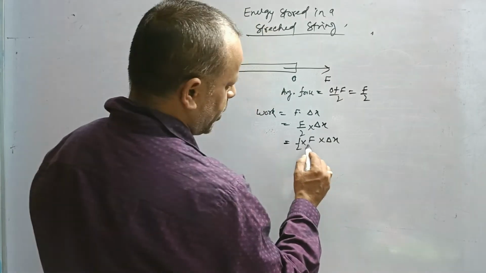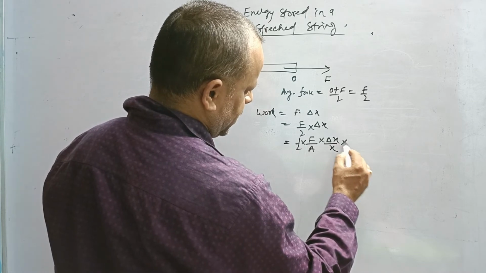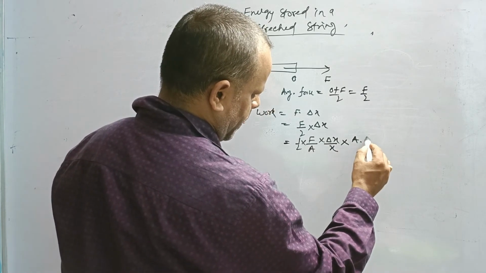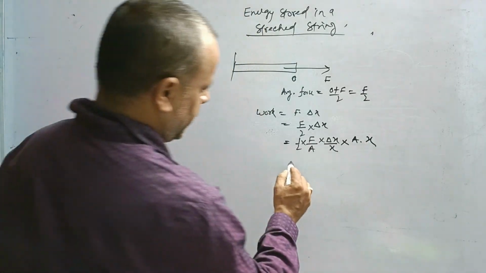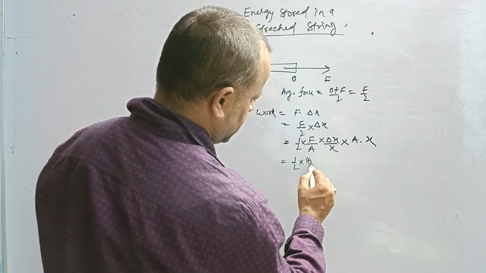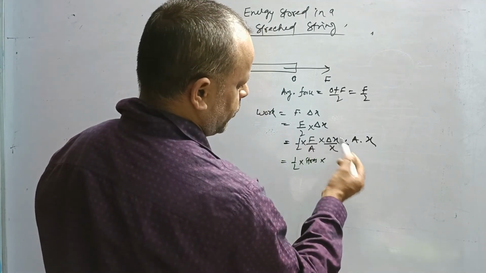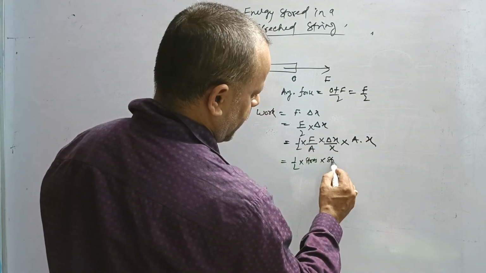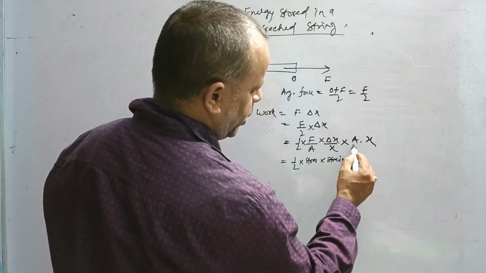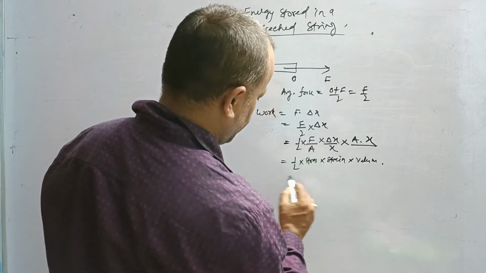What we'll do is divide by A and divide by X and multiply by A into X. We know that force upon area is stress, the change in configuration over the original configuration is strain, and area of cross section into length is volume.